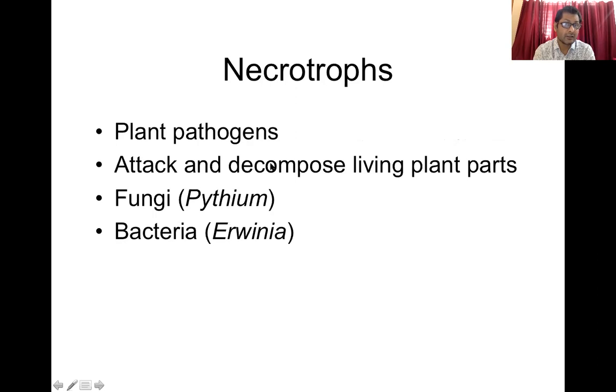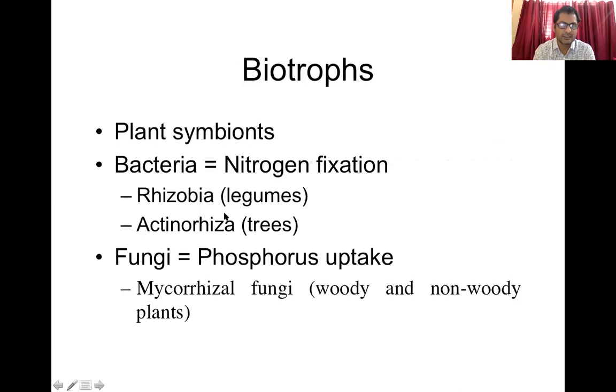Necrotrophs attack and decompose living plant parts or animal parts, like plant pathogens such as fungi. Examples are Pythium and the bacterium Erwinia. Then biotrophs, you all know Rhizobium and Actinorrhiza. There are a number of fungi which can help in phosphate uptake, known as mycorrhizal fungi. These all are biotrophs.